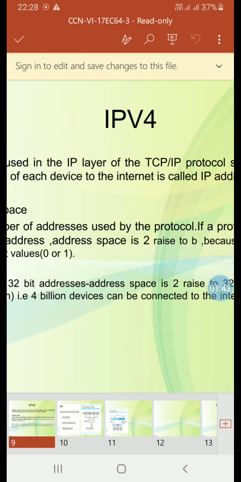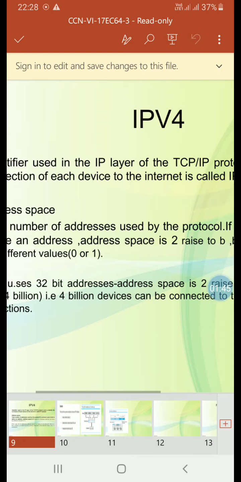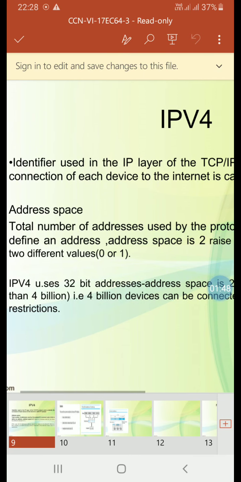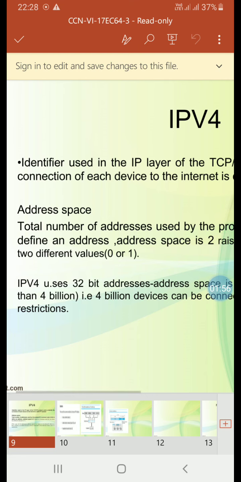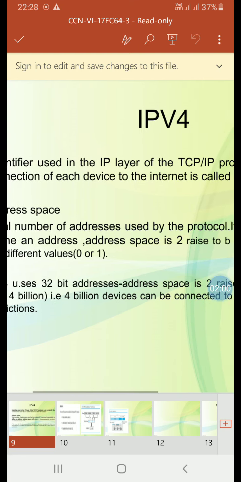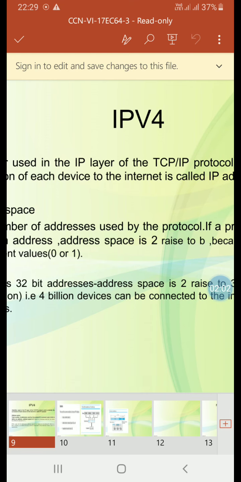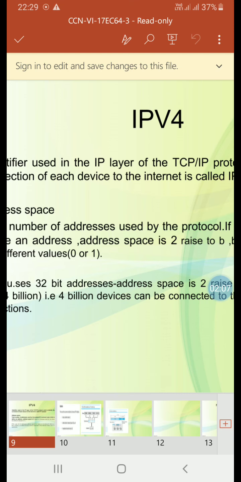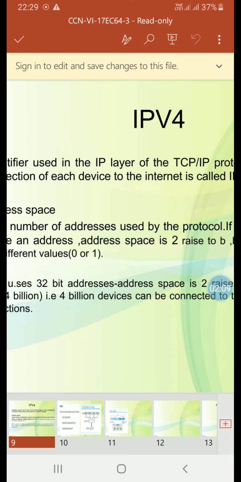Now we'll see about address space. A protocol like IP version 4 that defines addresses has an address space. An address space is the total number of addresses used by the protocol. If a protocol uses B bits to define an address, then the address space will be 2 raised to B, because each bit can have two different values, 0 or 1.